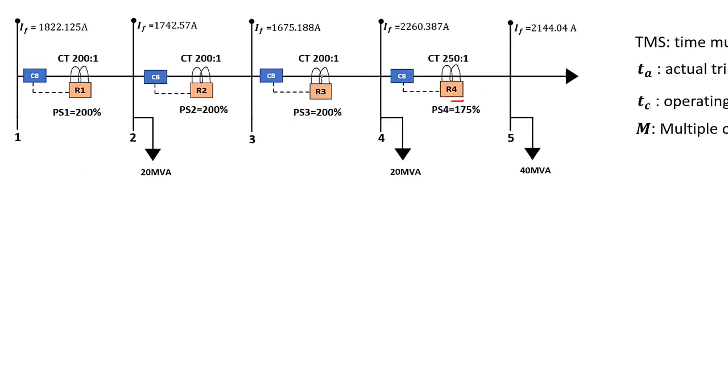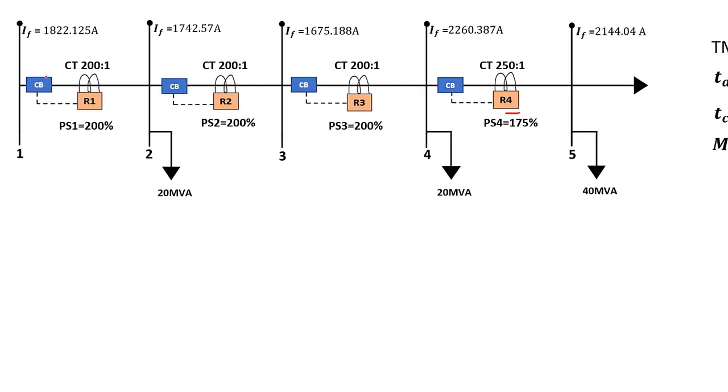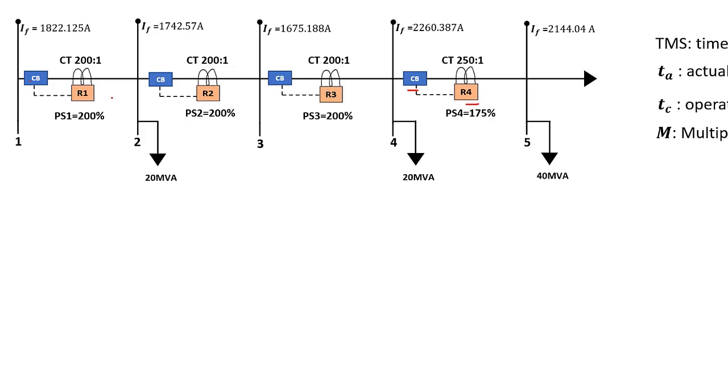Now, when calculating the tripping time for your network protection, you need to work from the bottom up. As you can see, these are circuit breakers. You have circuit breakers 1, 2, 3, and 4 that are linked to each one of the relays. In this case, this circuit breaker is a downstream circuit breaker that is near your last load. And the circuit breaker here is the upstream circuit breaker that is connected to your incoming line.